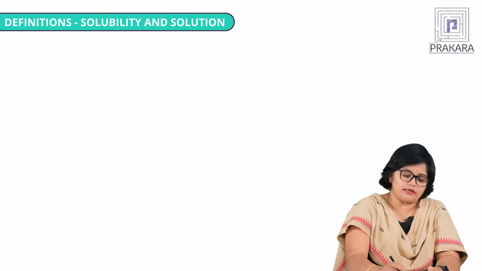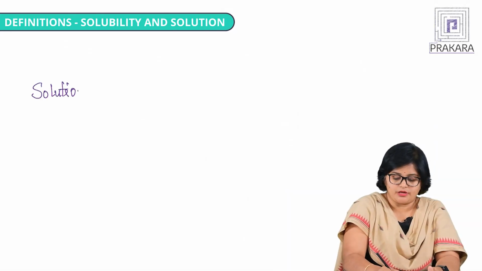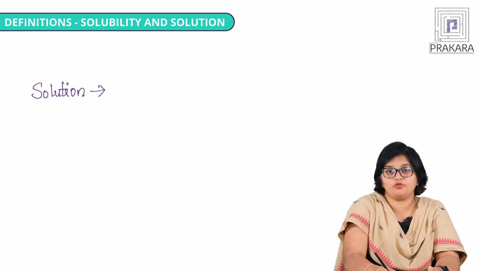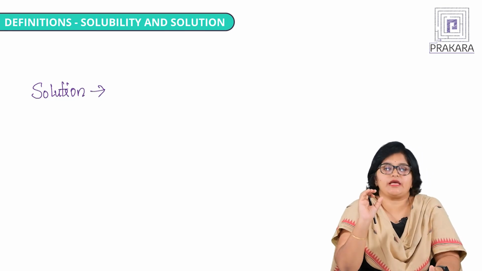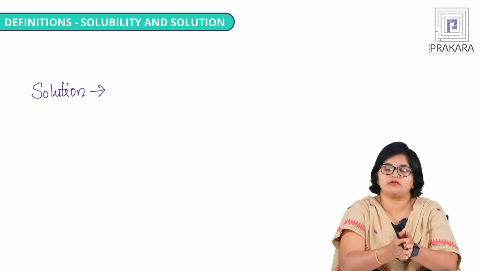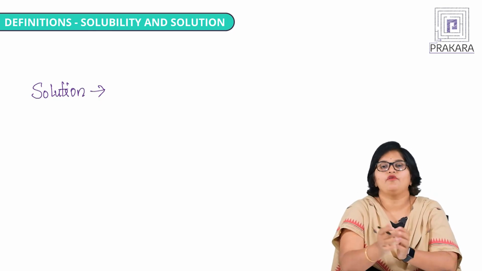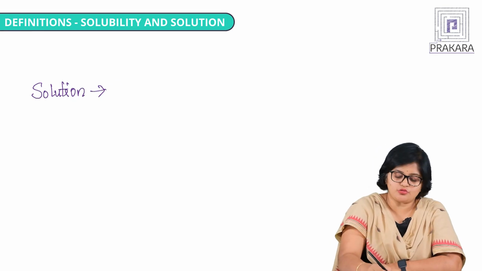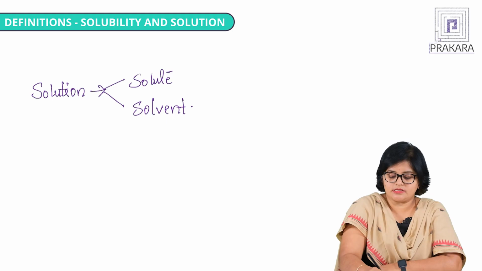Before going to the actual term solubility, I would like to tell you about the term called a solution. So what is a solution? A solution is nothing but a homogeneous component, which consists of two components, that is a solute and a solvent.